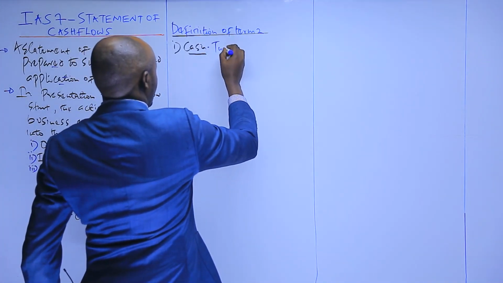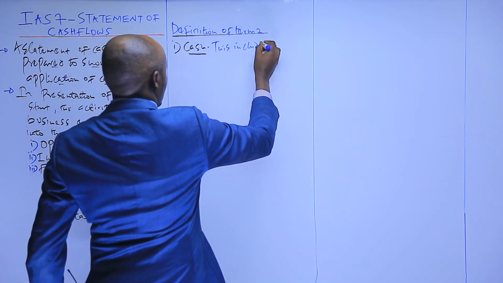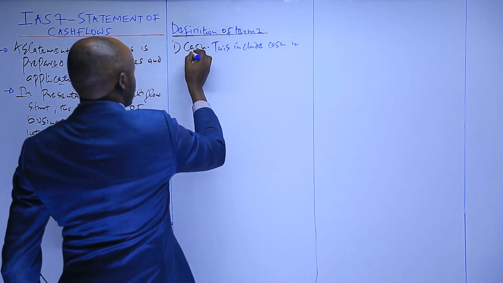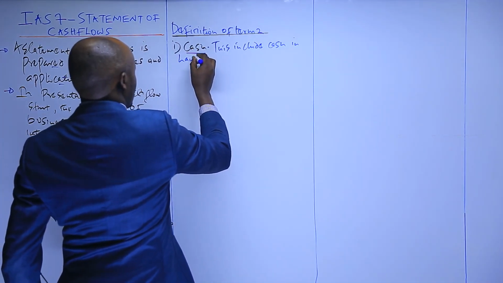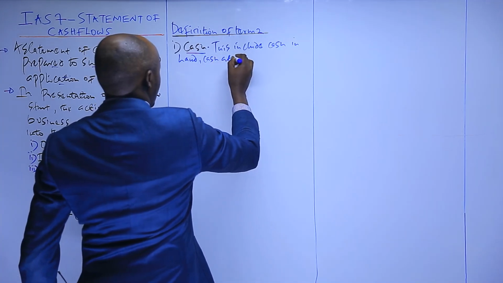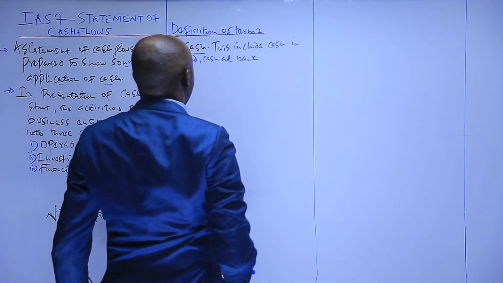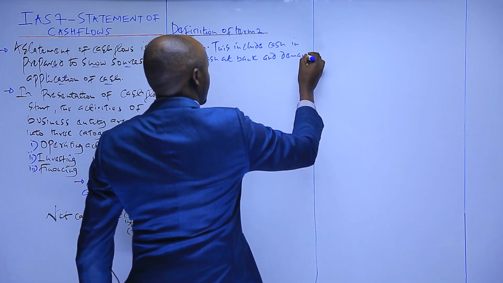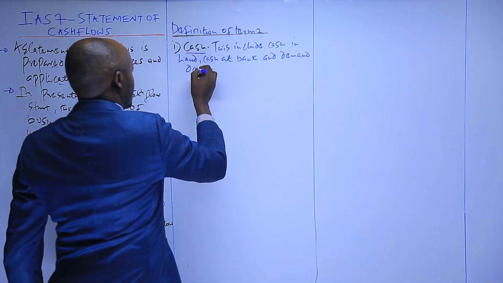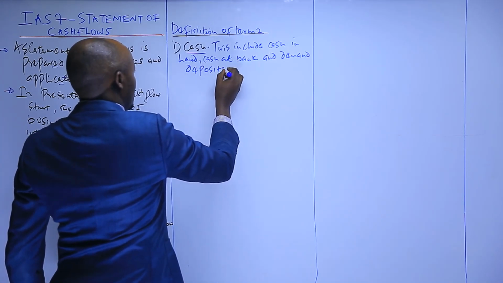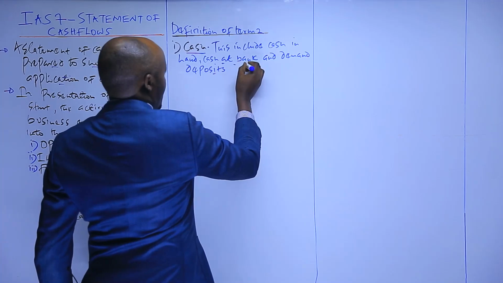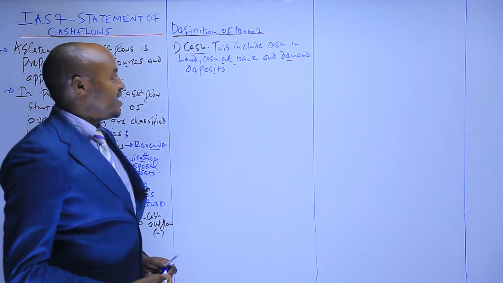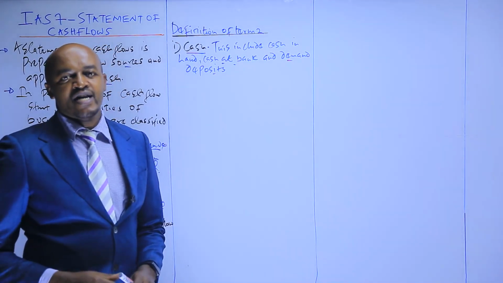So we can say that these include cash in hand, cash at bank, and the demand deposits. When we talk about the demand deposits, we are talking of, for example, the cash which is held in a fixed deposit account, or even any cash which is held in a money market fund.